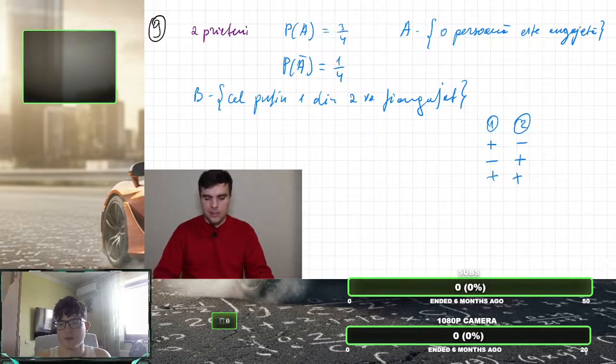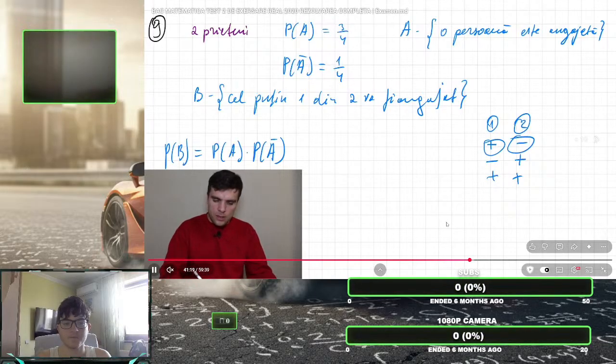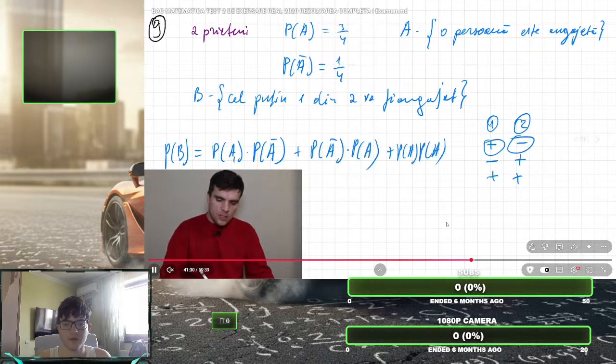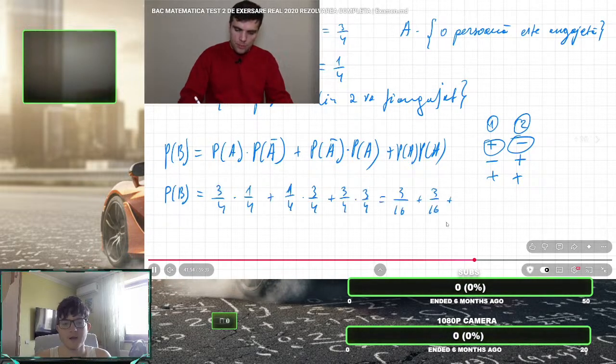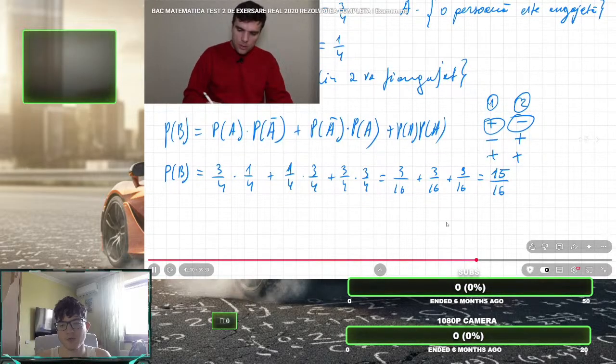I mean, it's the same, just a different interpretation. So that's the second case for the B. And so we have this. So 6 plus 9, that is 15, divided by 16, that's a probability quite high.